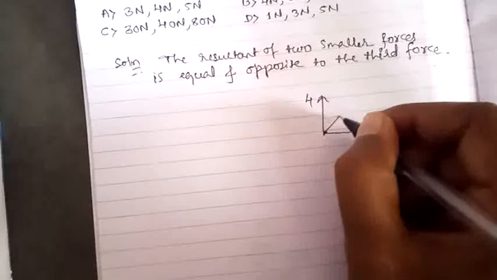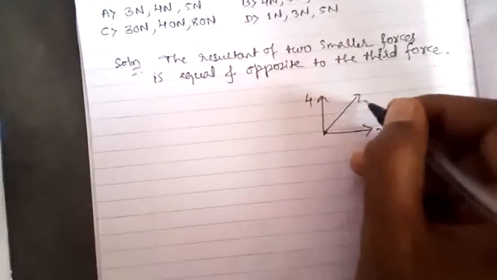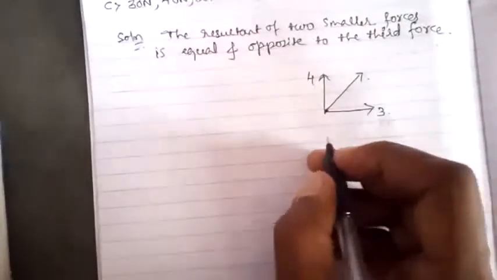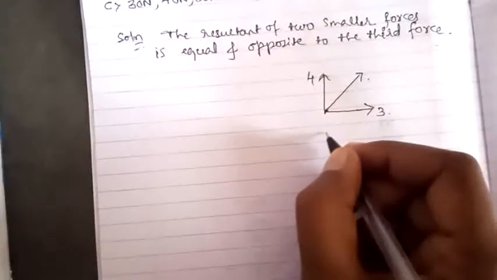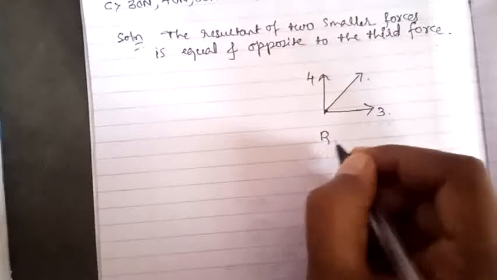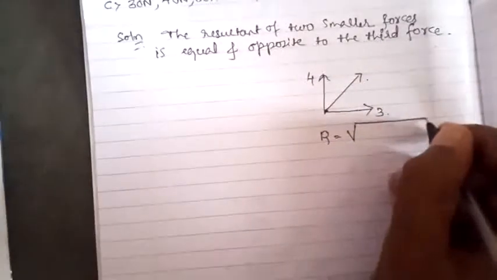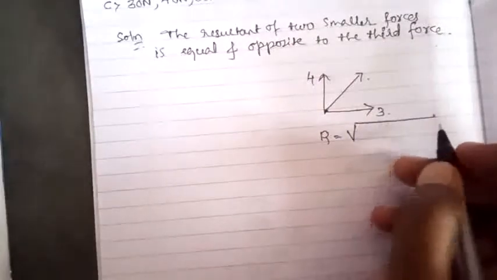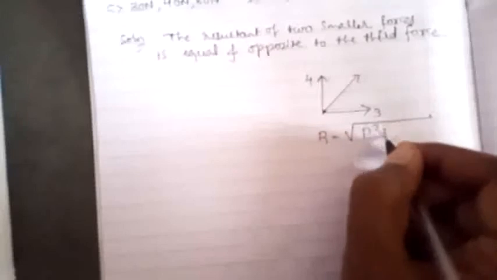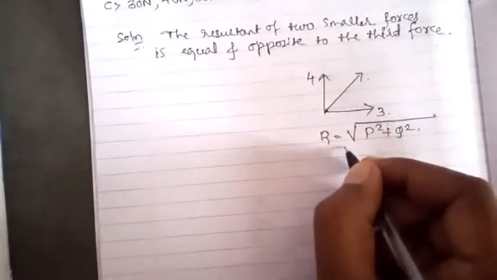That is 5, by using Pythagoras theorem or by using the magnitude of the resultant vector. So what is the formula for the magnitude of the resultant vector? That is R = √(P² + Q² + 2PQ cos θ), but here θ is 90, cos 90 is 0, then it is √(P² + Q²).